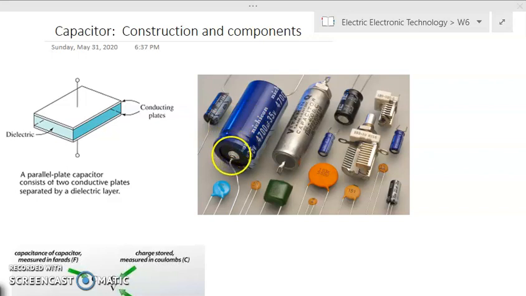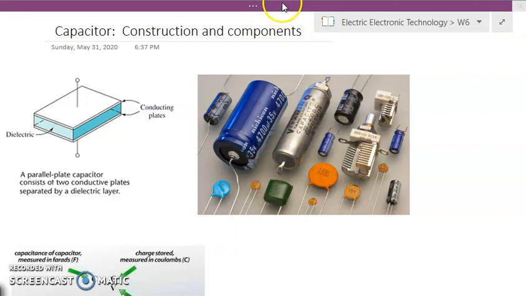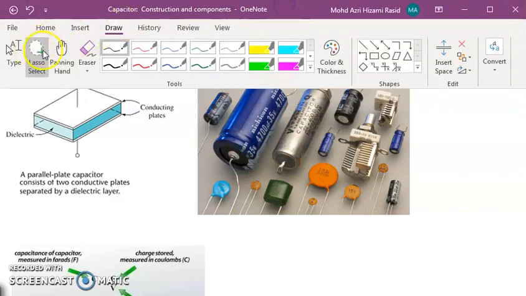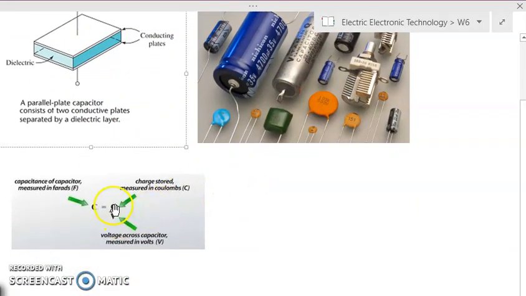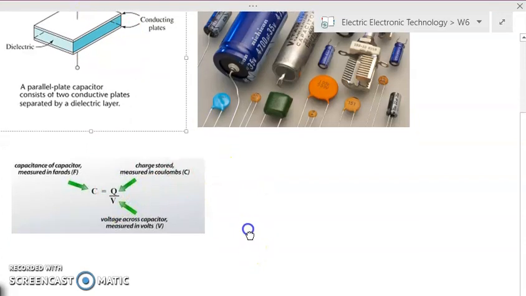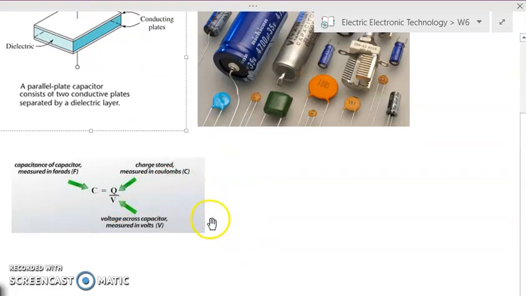So what's the basic principle of operation of a capacitor? To look at that, let me introduce the notion of capacitance first. What is capacitance? Capacitance is the unit that tells us how much charge a capacitor can store, right?